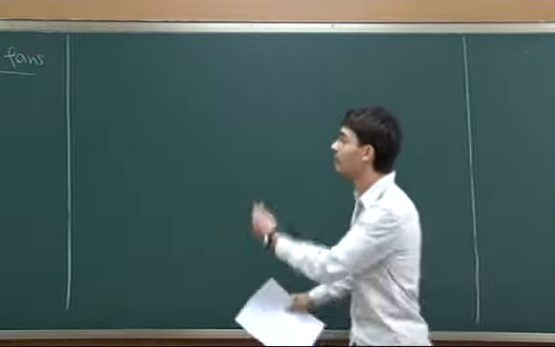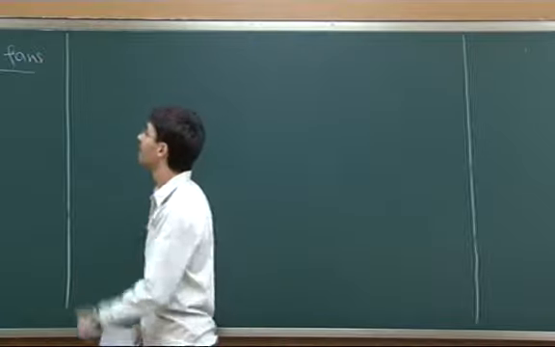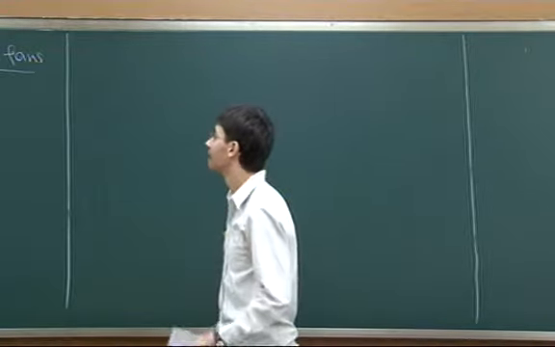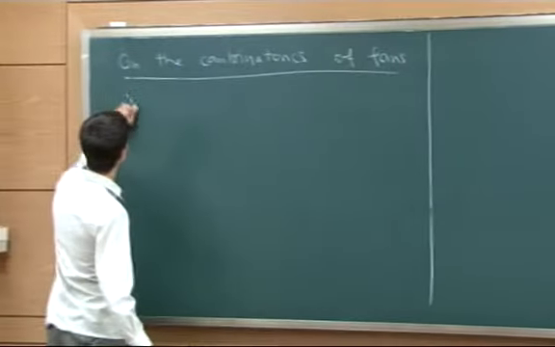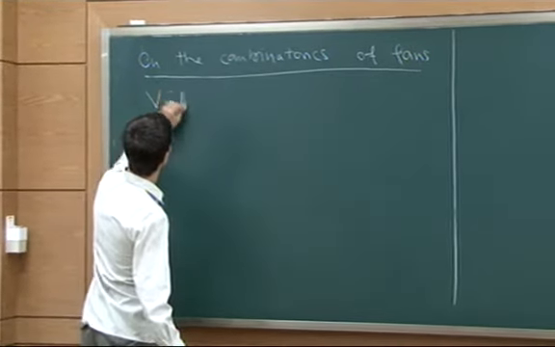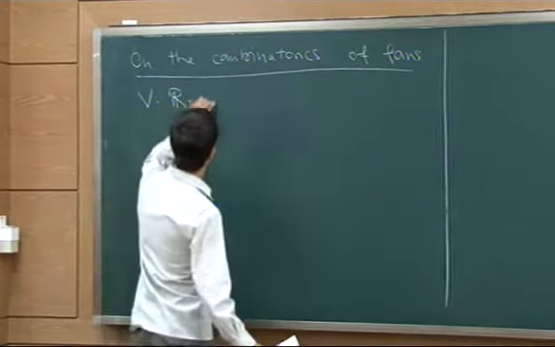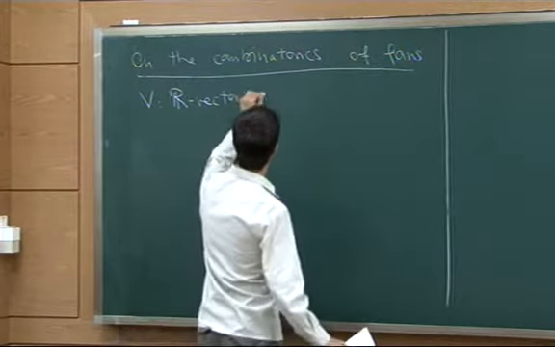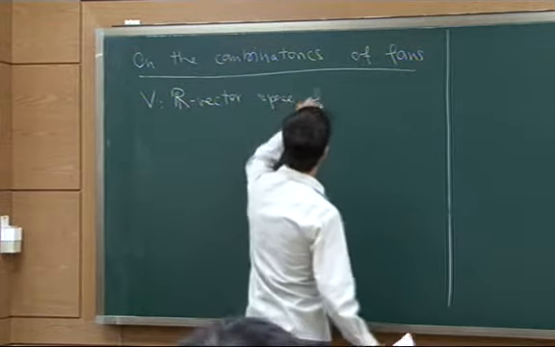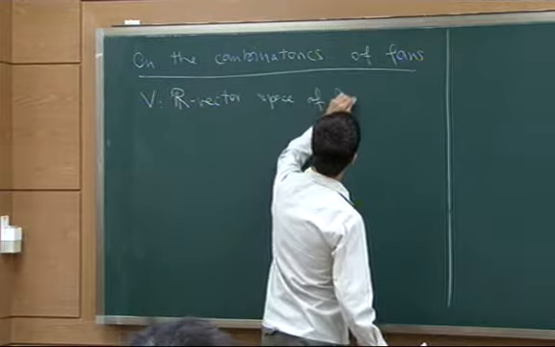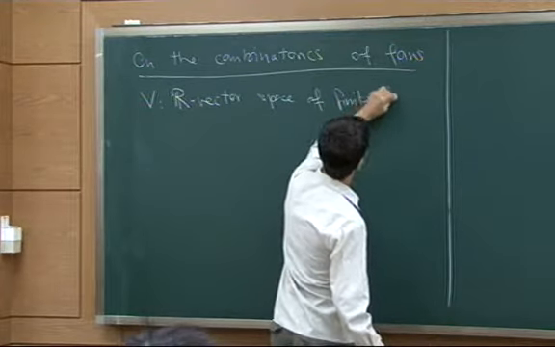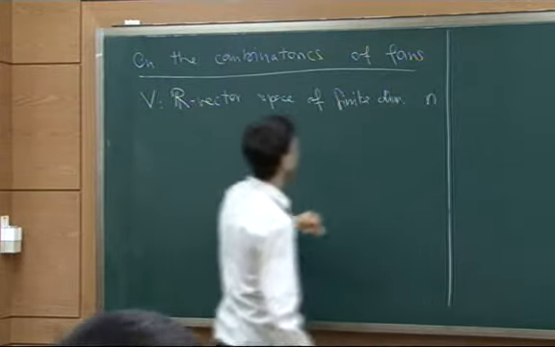And well, I will start right away talking about the combinatorics of fans. So we will always consider the following things. V is an R vector space of finite dimension n.